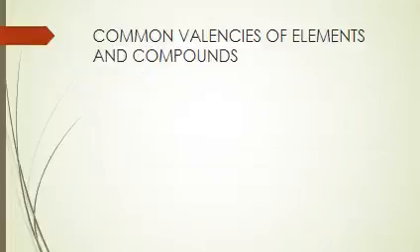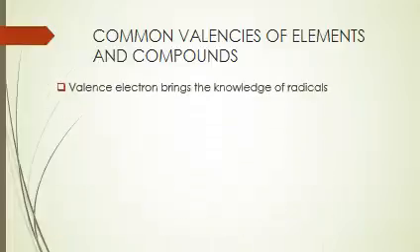Now let us look at common valences of elements and compounds. I hope by now you know what a valence is. So let us see the common valences of elements and compounds. But before that, let us know that valence electrons bring the knowledge of radicals.